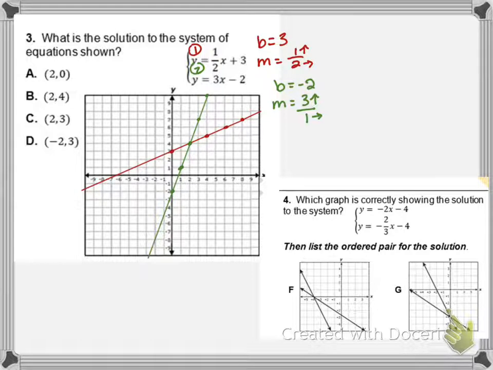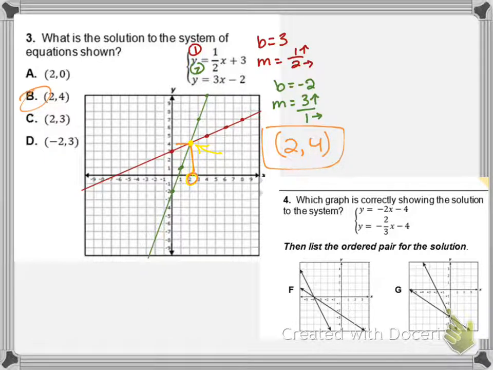Since this is a system, we are looking for the point where they both intersect, where they both cross, which is that point right there. At that point, our x value is 2 and our y value is 4. So that is our ordered pair, (2, 4), and that is B.